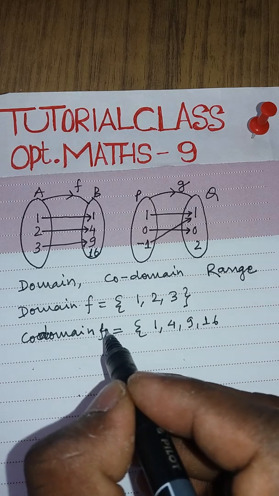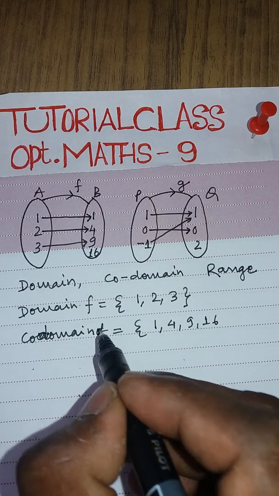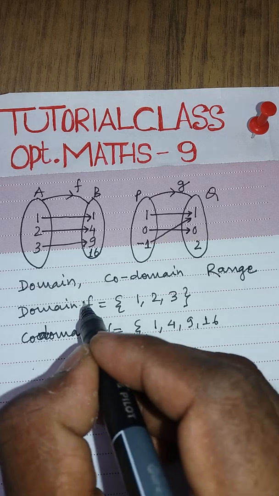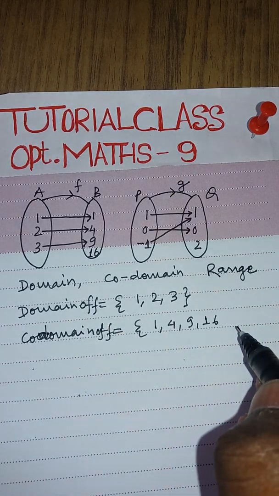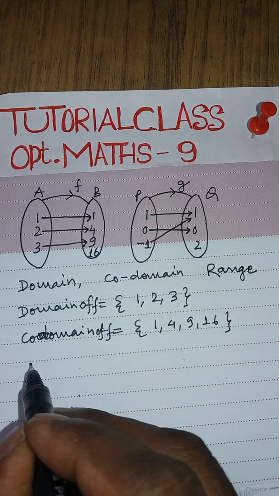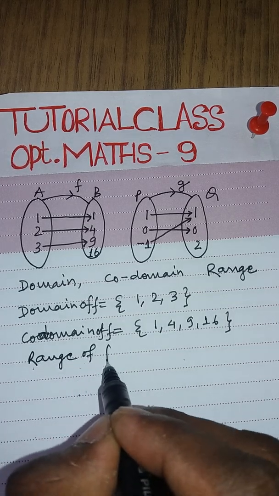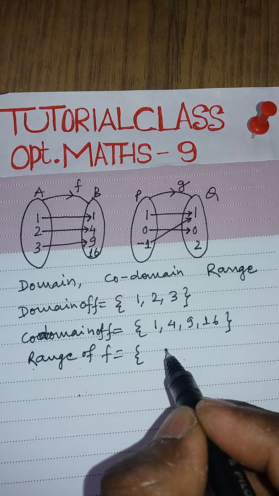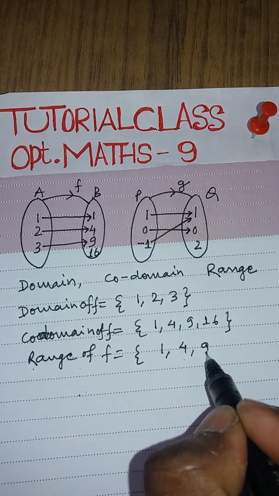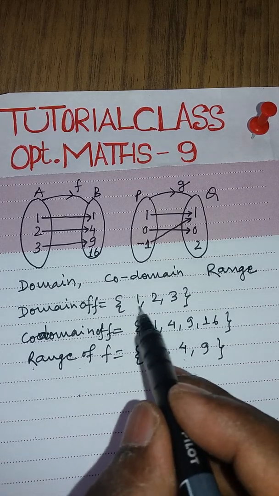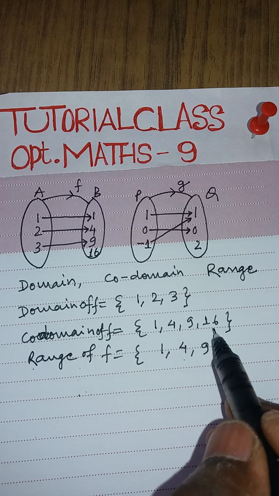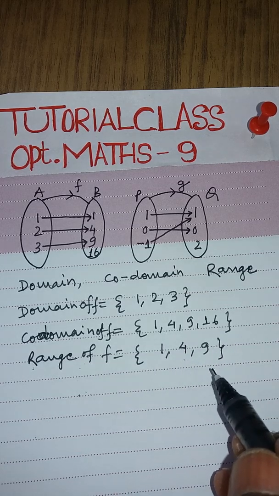This is the codomain of f. Similarly, if we want to write the range of f, then we write here 1, 4, 9. This is the domain of f, this is the codomain of f, and this is the range of f.